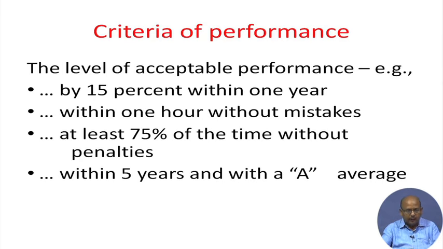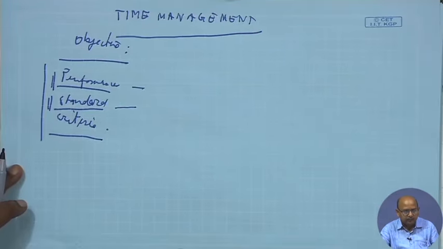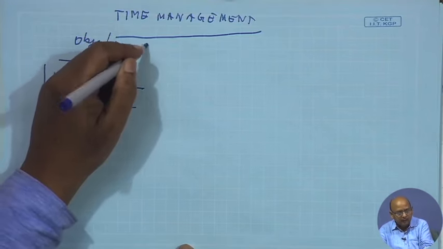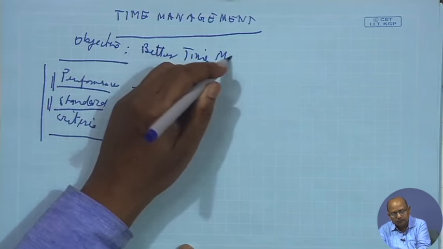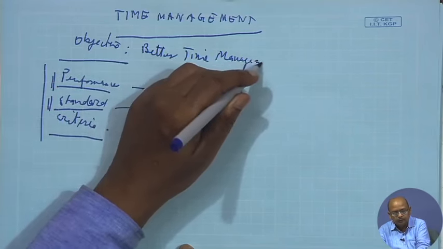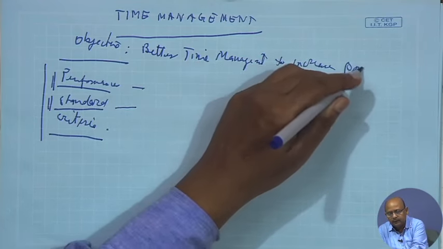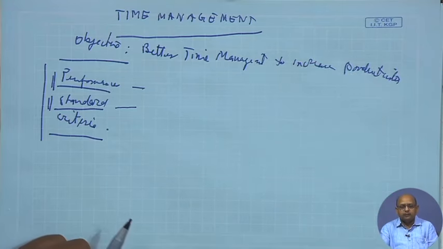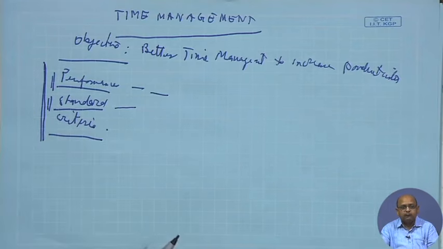Now, I am going to apply this in this case. Suppose you are going to attend a time management program. The objective is that you are able to have better time management to increase productivity. Now, when we say better time management to increase productivity, you have to classify it into these parts. What is the performance? How much time are you going to save?